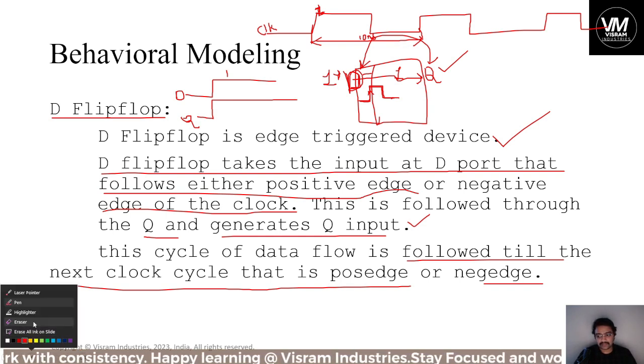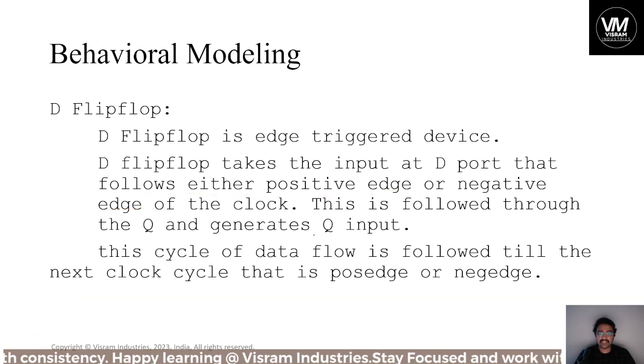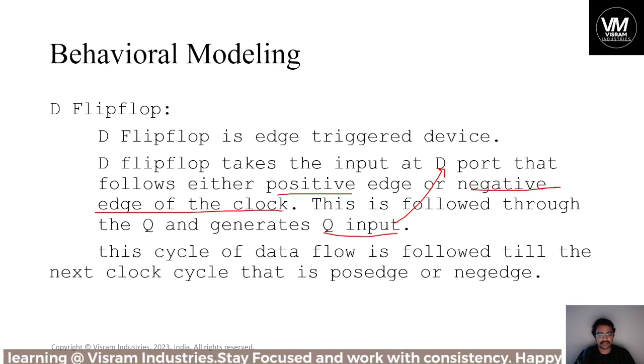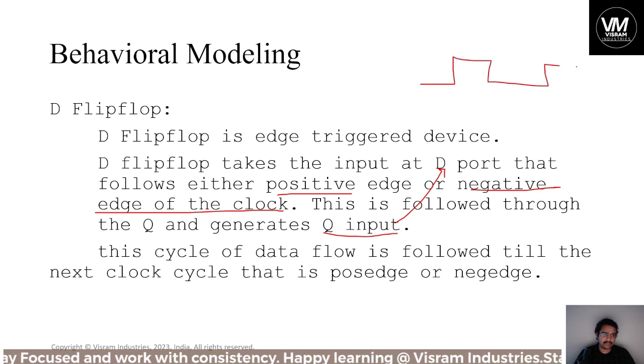So things apart, that is about the D flip-flop. The Q output will follow the D port for every positive edge or negative edge of the clock. That is the meaning of D flip-flop. Hence the data flows between D and Q in this way. This cycle of data flow is followed till the next clock cycle. For the next clock cycle, there is another data.